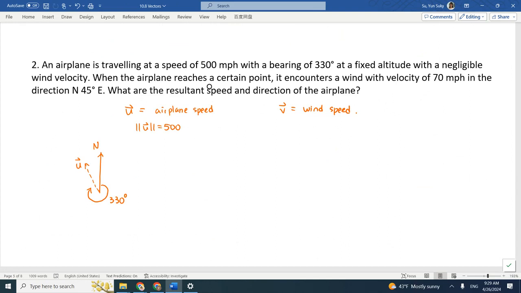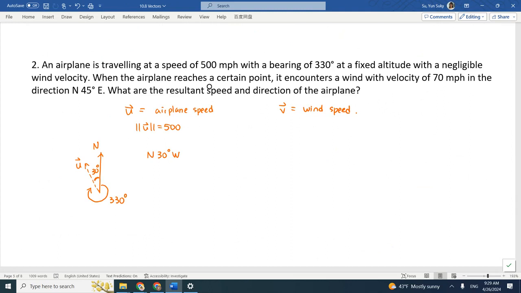Okay, so this is the same as saying, what is this angle? 30 degrees, yes. So this is the same as saying north 30 degrees west. Yes, everybody, north 30 degrees west.